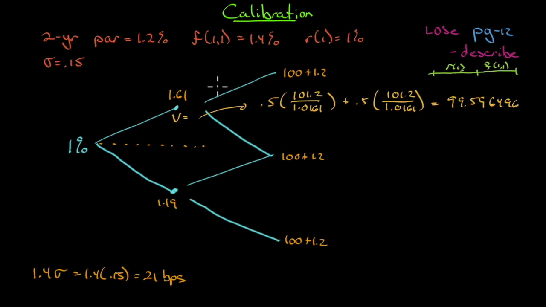And to that we will add our coupon of 1.2, and this gives us 100.796496.